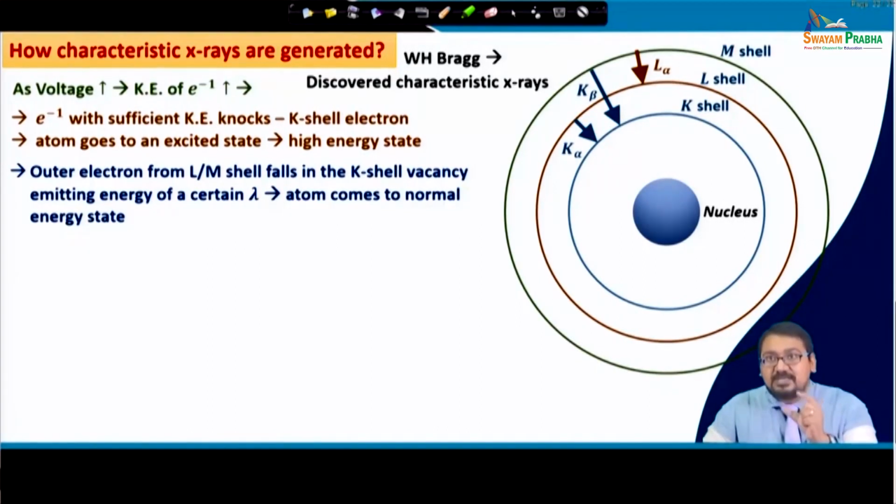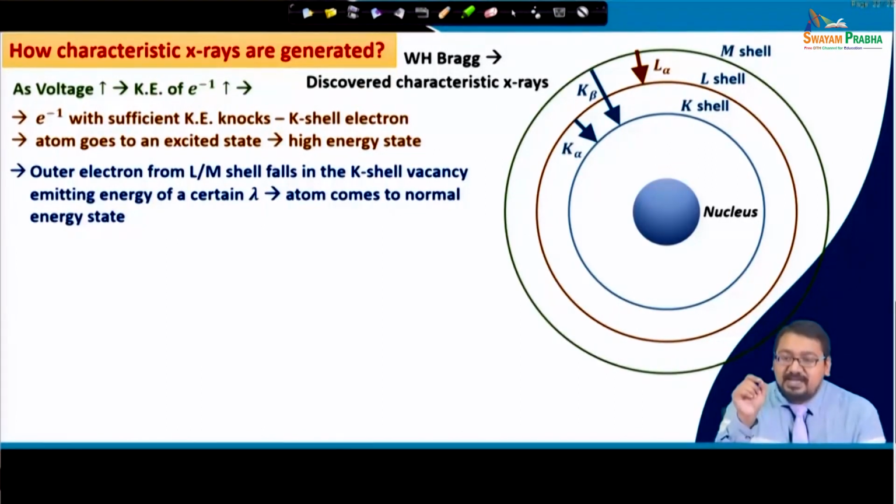This certain wavelength energy, that is a characteristic wavelength energy, is basically the K alpha, K beta radiation. K alpha radiation is when the electron from the L shell falls on the K shell, and K beta radiation is when the electron falls from the M shell to the K shell, right.